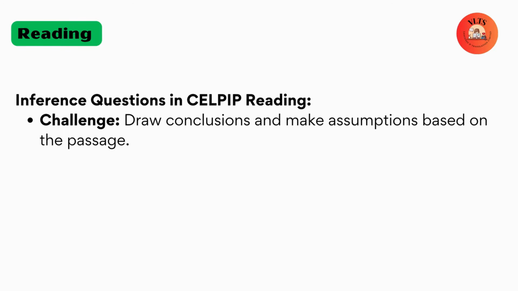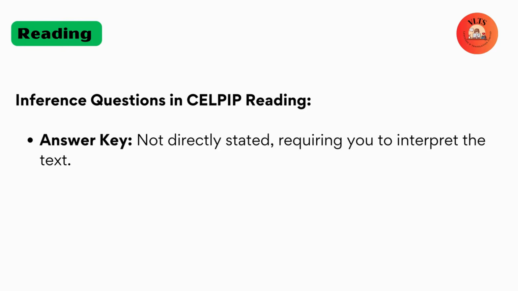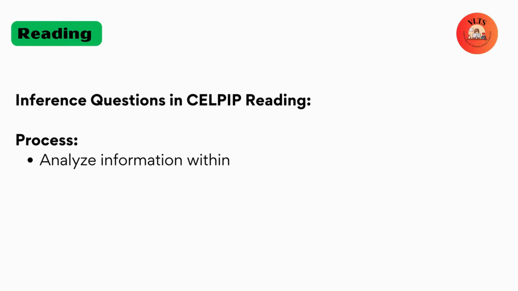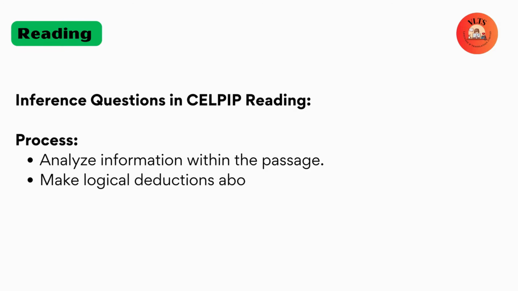Inference type of questions. These questions require you to draw conclusions and make assumptions based on the information in the passage. The answer options will not be directly stated in the passage, so you must interpret the text and choose the best answer. This involves making assumptions or drawing logical conclusions about what you read.